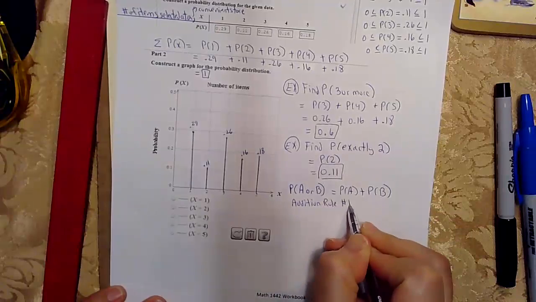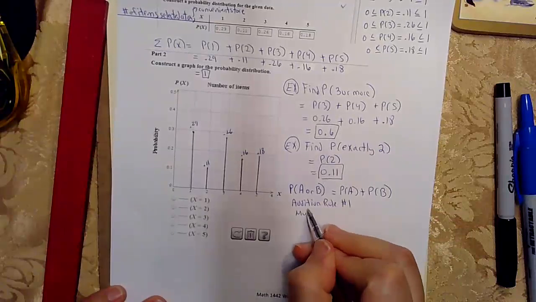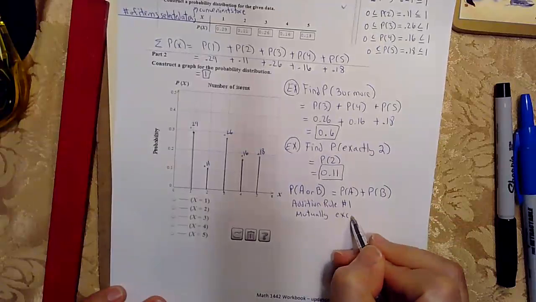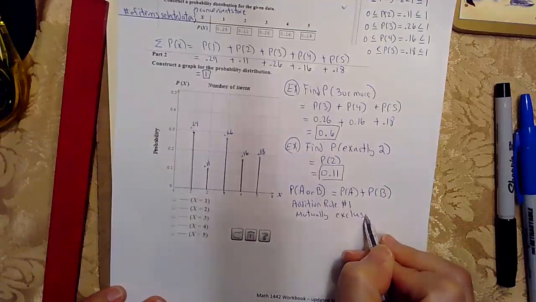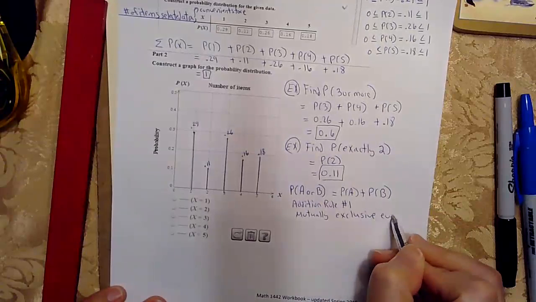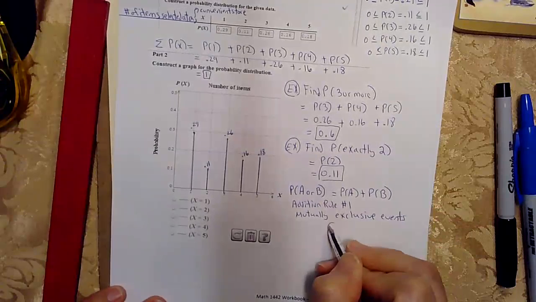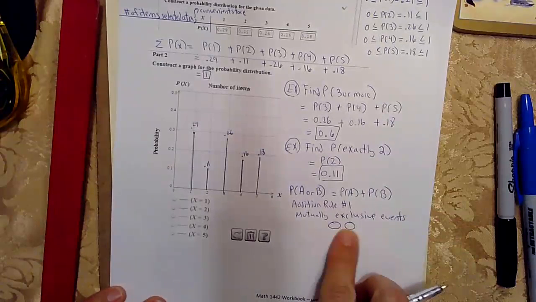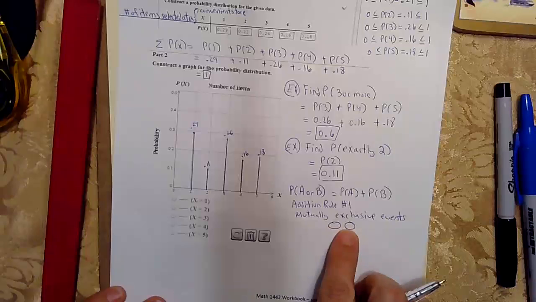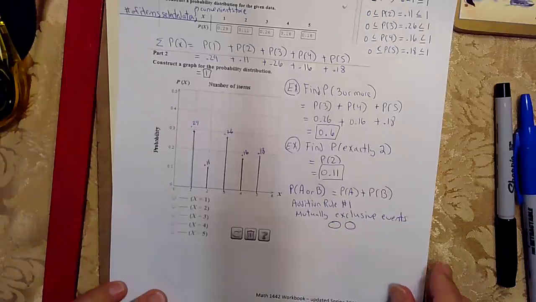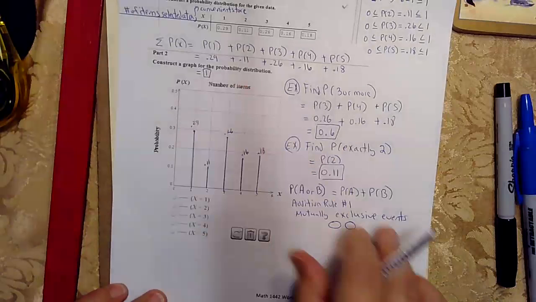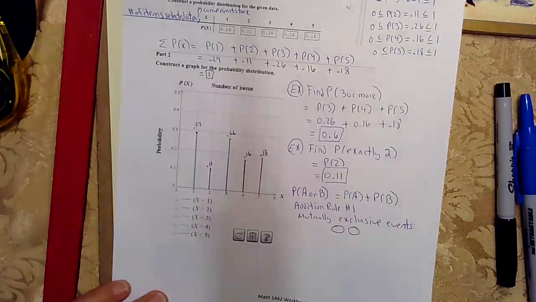These would be considered mutually exclusive events, because they won't overlap. They won't share. So you can't mix these probabilities.